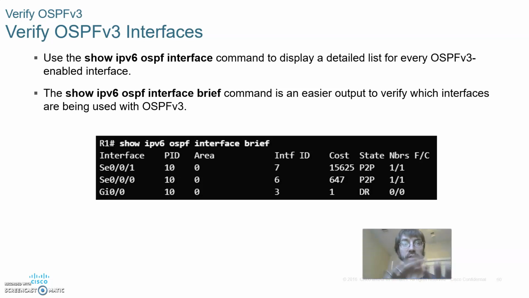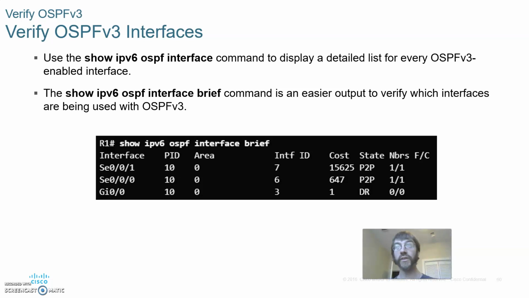If you want to look at the broad picture, show IPv6 interface brief will give you everything in one go. I wouldn't use show IPv6 OSPF interface unless you're troubleshooting, say costing or neighbor adjacency or something like that. Don't use the interface command by itself because it will give you all of them.